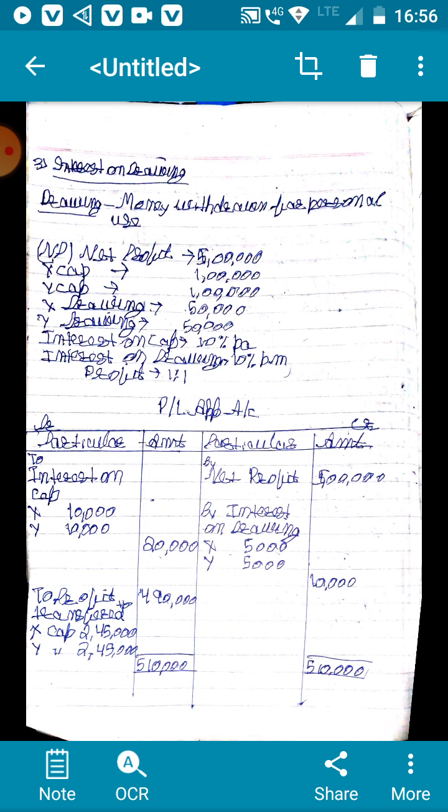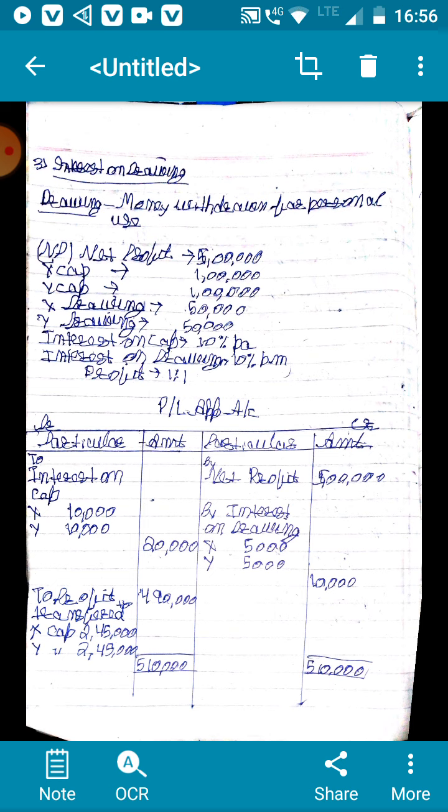On the credit side, we write the net profit as given in the question, 5 lakh, plus interest on drawings, which is charged to X and Y. The drawings are 50,000 of X and 50,000 of Y. Interest on drawings is equal to 10% per annum.